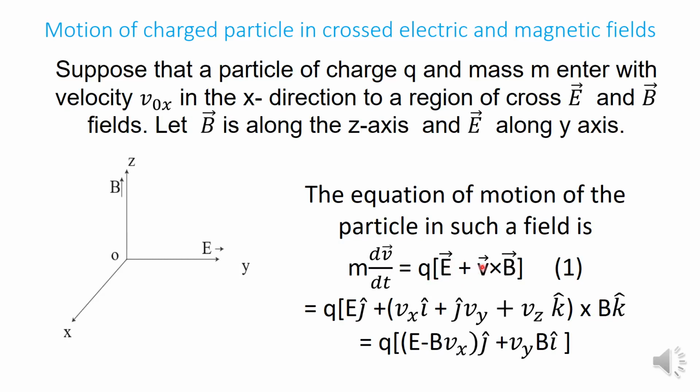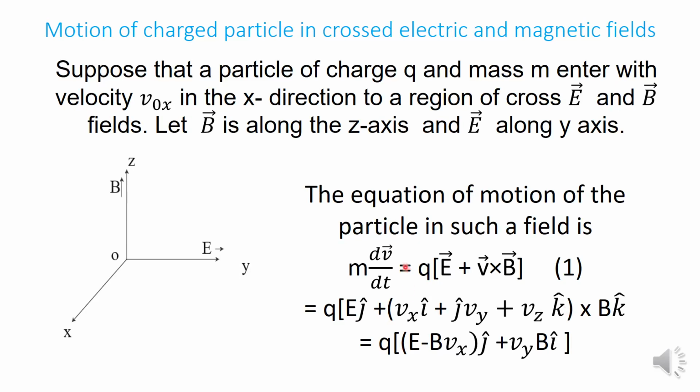Now, this equation can be written after putting in proper values, that is E is equal to E j, v is equal to vx, vy, vz, its three components along the x, y, z directions, and B is equal to B k. Now, in the cross product v cross Bk, i cross k is equal to minus j, and j cross k is equal to i, therefore vy into B i, and k cross k is equal to 0, because the cross product of the same vector is equal to 0.